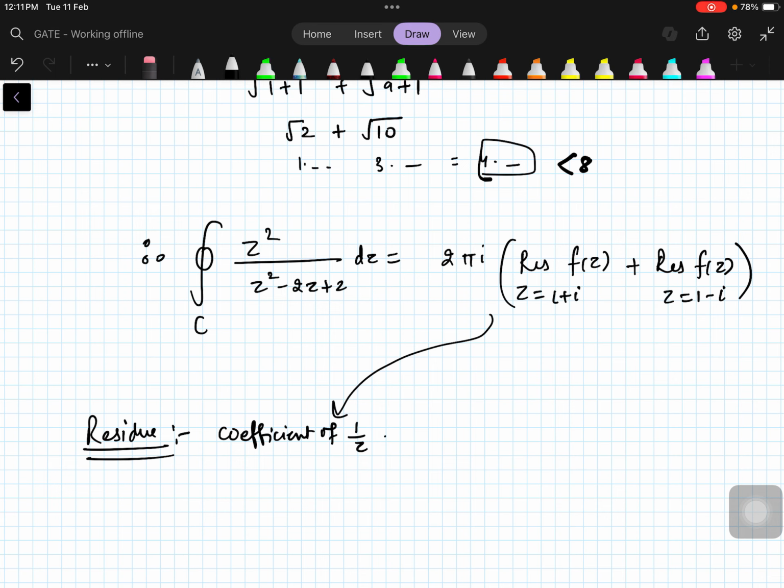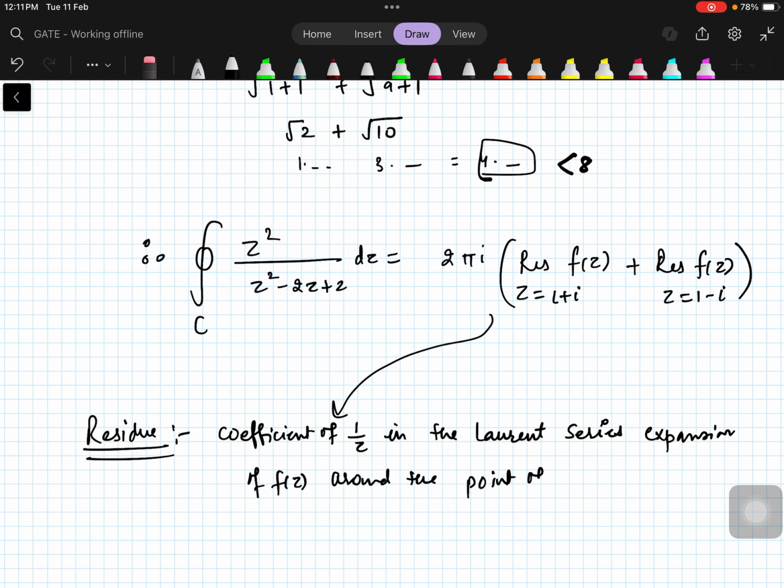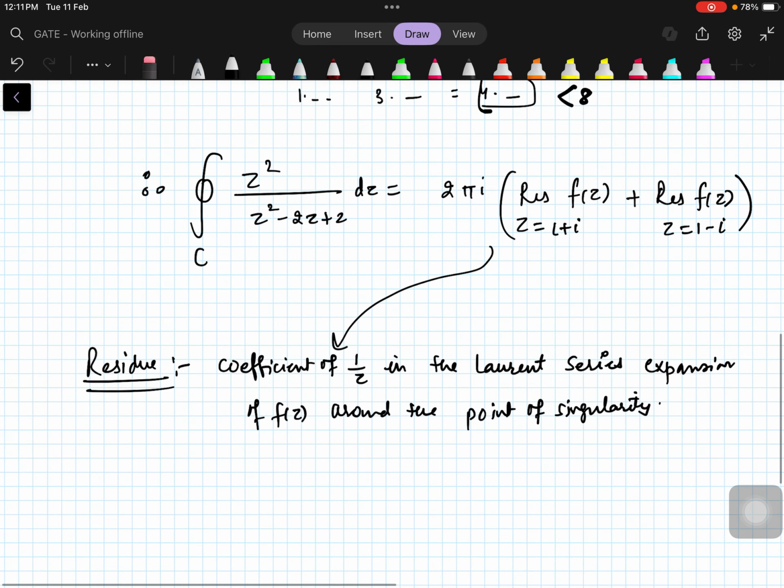If you have done the complex analysis course, it is the expansion of f of z around the point of singularity. And it tells you what is the strength of the singularity at that point.